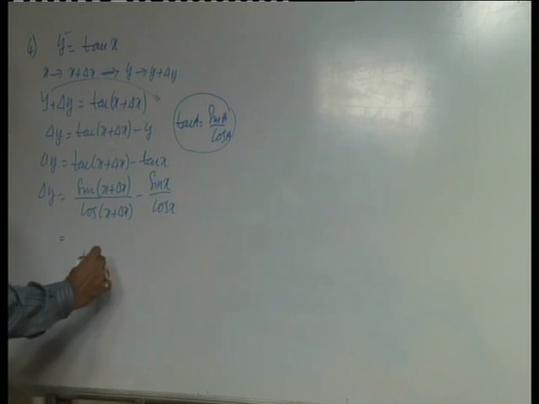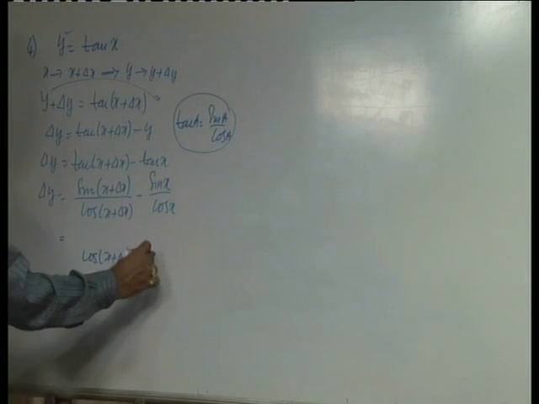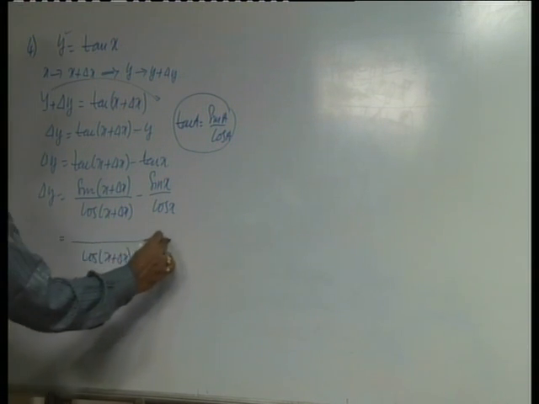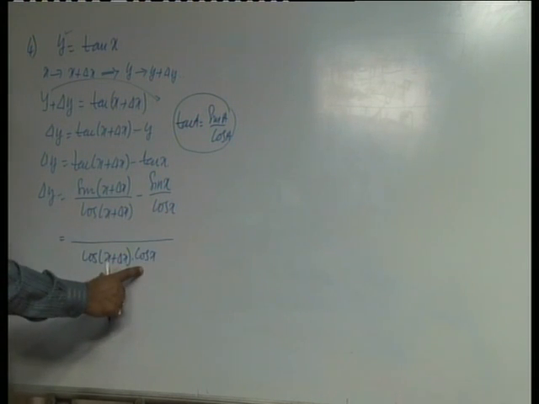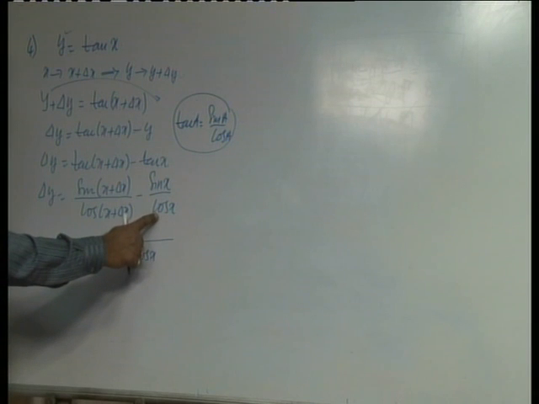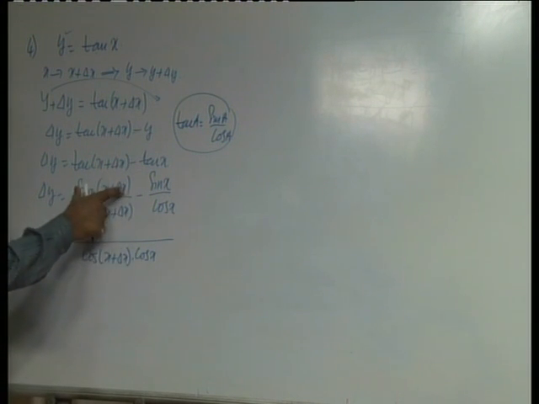What is the LCM? Cos of x plus delta x and cos x are different terms, is it right? Therefore, their product will become the LCM. Then the numerator becomes what?